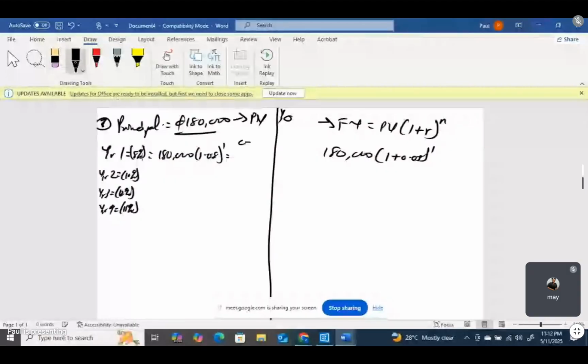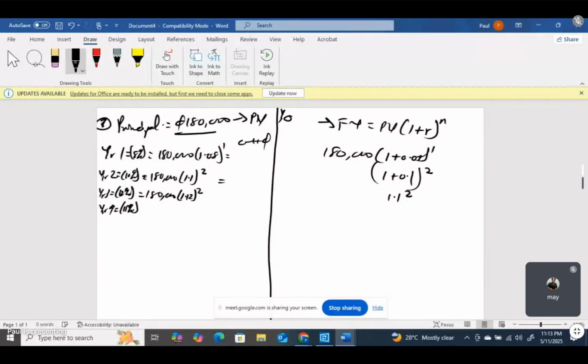Someone can be doing the calculation for us. Year 2, you will pay 10%, so 180,000 times 1 plus 0.1, which gives 1.1 all squared. And year 3 will be 180,000 times 1.12 cubed.